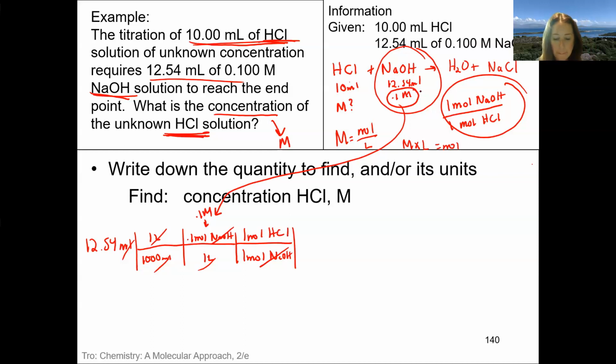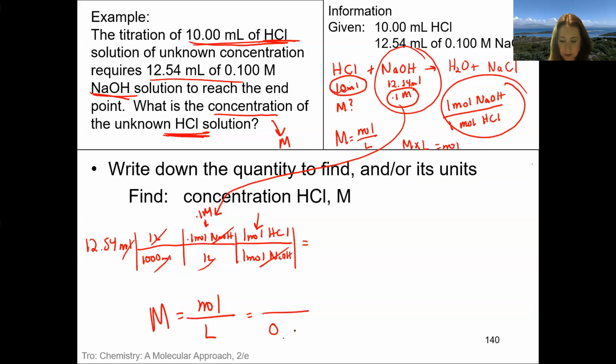Now remember, I want molarity of HCl. That means moles over liters. Well, if I look here, here's my moles. They give me 10 milliliters. So I can just convert this. Just because we're starting with this, 1,000 milliliters in 1 liter.